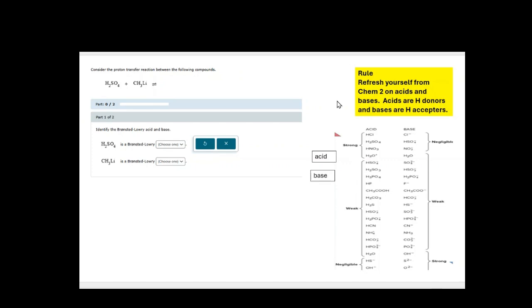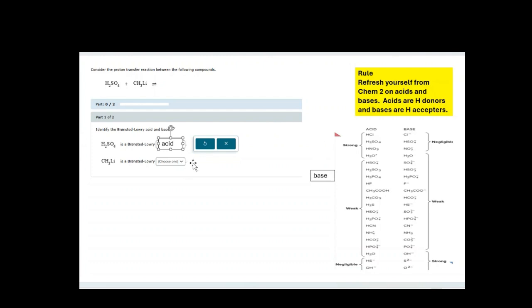So first we'll start with part one of the question, which is to identify the Bronsted-Lowry acid and base. We see H2SO4, and that's going to be the acid for this question. If you need verification on this, as you go through your refresher, you can always refer to this chart. And then we have methyl lithium.